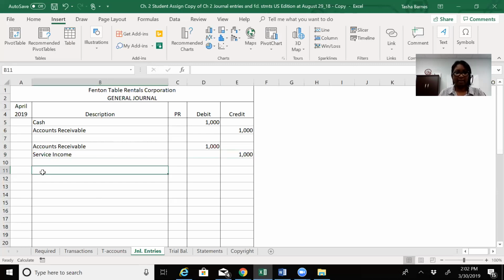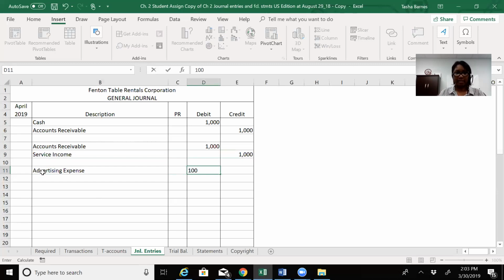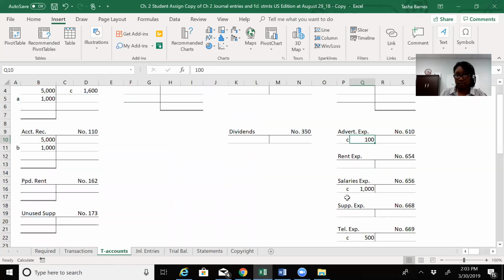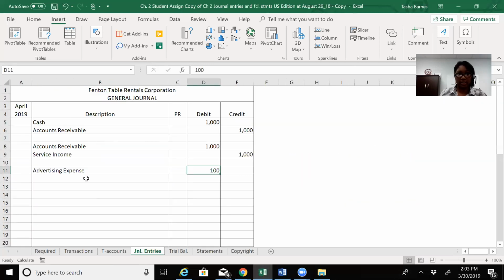Okay. And now let's look at C. We said we had advertising expense, we had salaries expense, we had telephone expense. So let's say advertising expense was 100 because advertising has a normal debit balance. And if we go back to our T accounts, we know we debited over here. So we're just going to do the same thing for our journal entry.